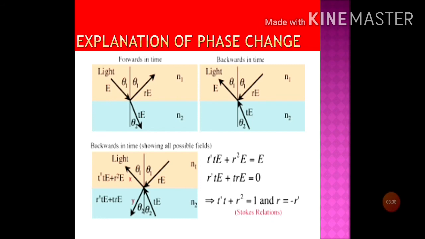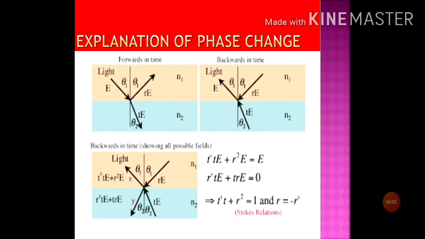Now let us consider R dash and T dash. They represent the reflection and transmitting coefficients when the light goes from medium 2 to medium 1. We have taken R and T as the reflection and transmitting coefficients when the light goes from medium 1 to medium 2, and R dash and T dash when the light goes from medium 2 to medium 1. So keep this in your mind.